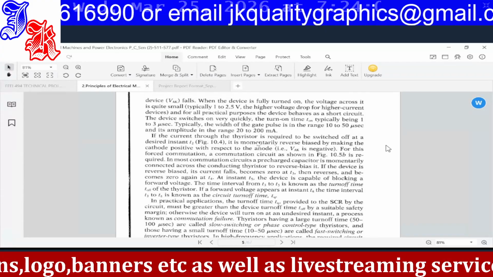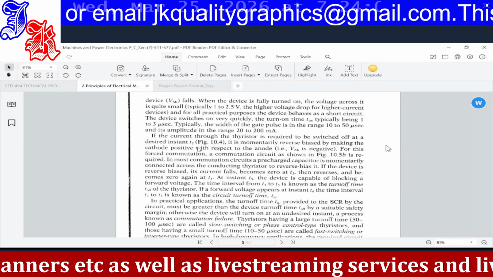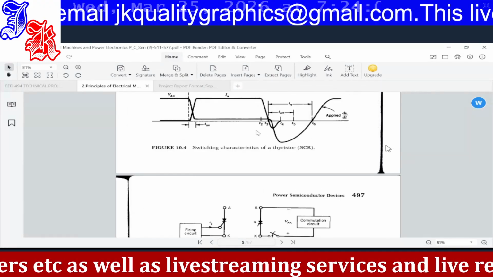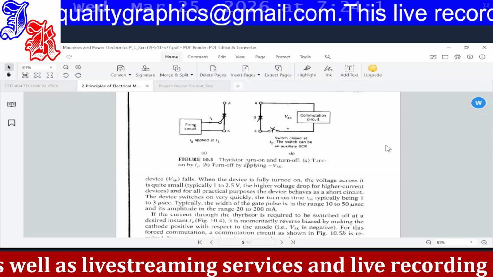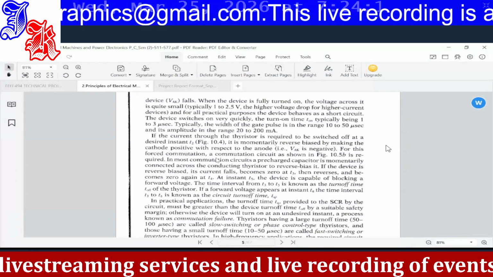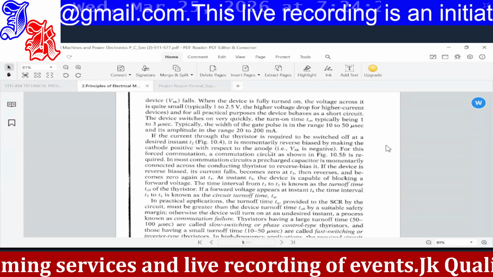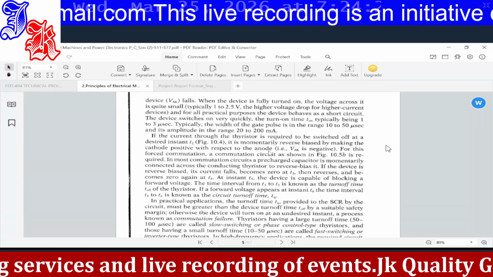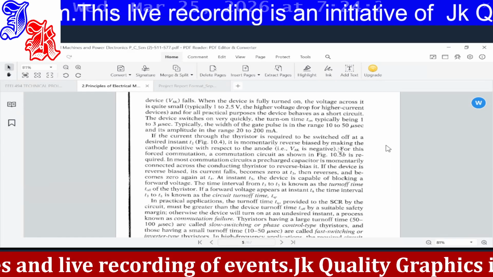So if the current through the thyristor is required to be switched off at a desired instant, at this point you realize you need to switch it off. It is momentarily reverse biased by making the cathode positive with respect to anode. So the moment you do that, you have to reverse the junctions, and so the current starts reducing immediately.